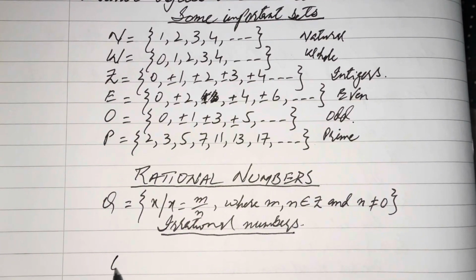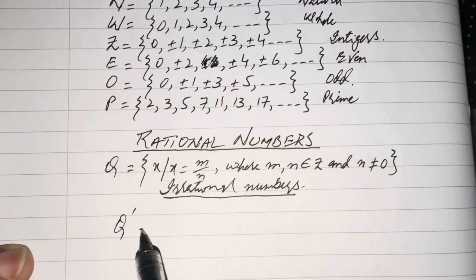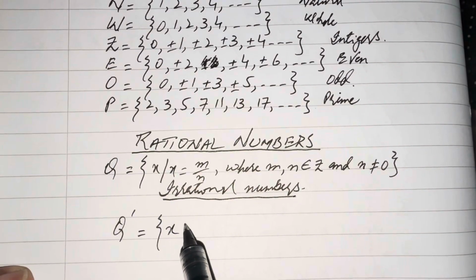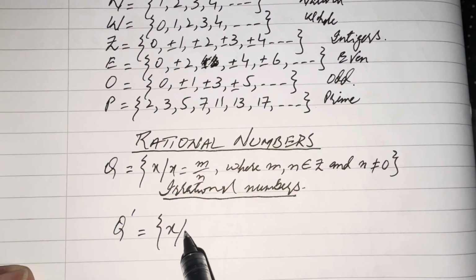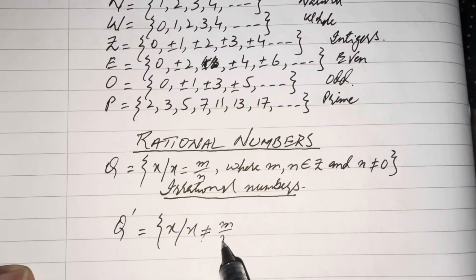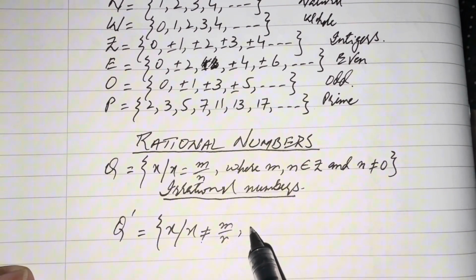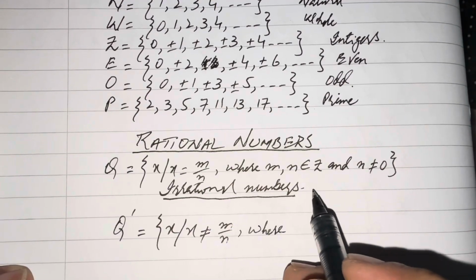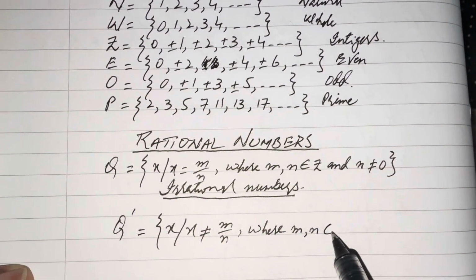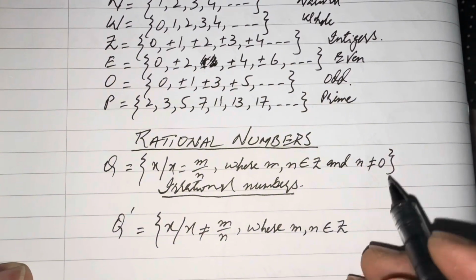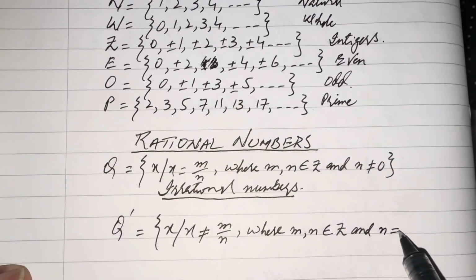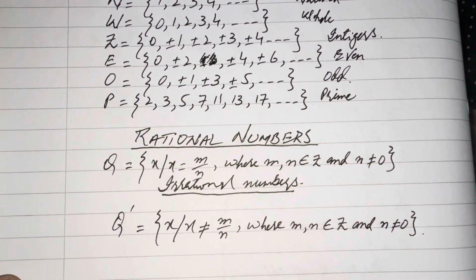These irrational numbers can be denoted with Q dash, which can be written in descriptive form as x, where x is not equal to m over n, and where m and n belong to integers, and n is always not equal to 0. So this is the form of irrational numbers.